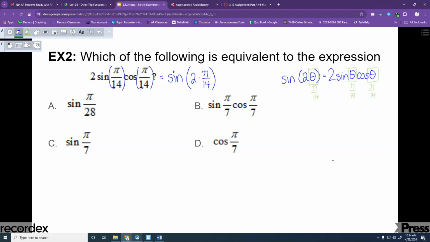And if I want to multiply that together, I'll put that over 1. And I will get sine of 2 pi over 14. But that will reduce, what does it reduce to? Pi over 7. And so C is going to be my answer for that.